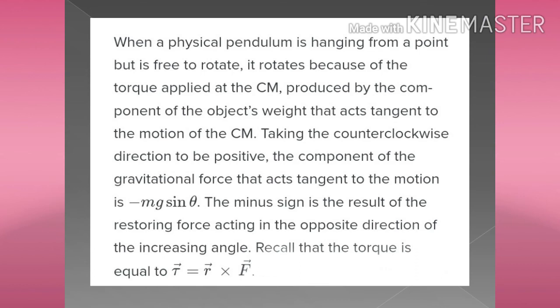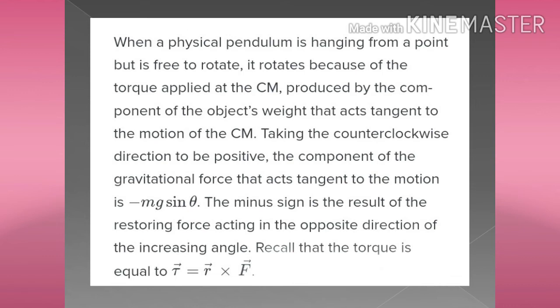When a physical pendulum is hanging from a point but is free to rotate, it rotates because of the torque applied at the CM, produced by the component of the object's weight that acts tangent to the motion of the CM. Taking the counterclockwise direction to be positive, the component of the gravitational force that acts tangent to the motion is mg sine theta.